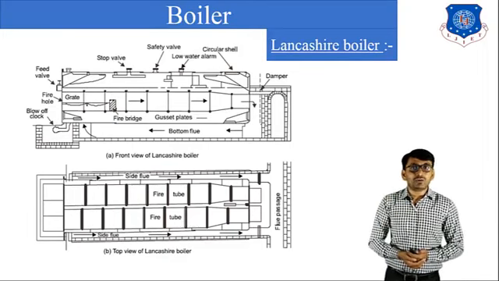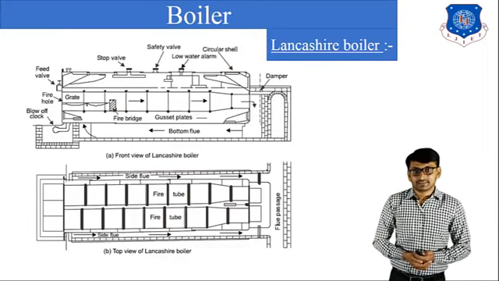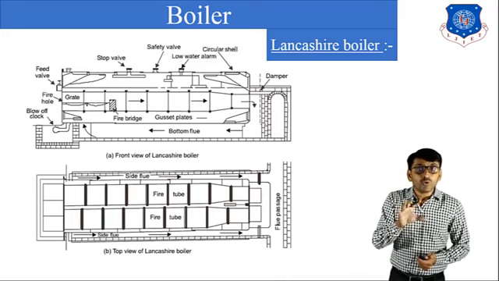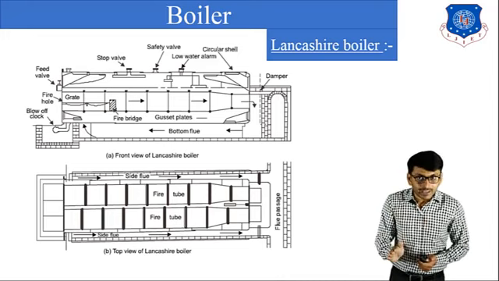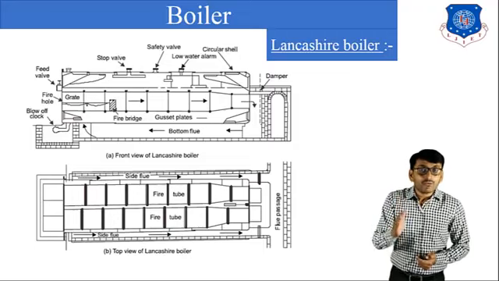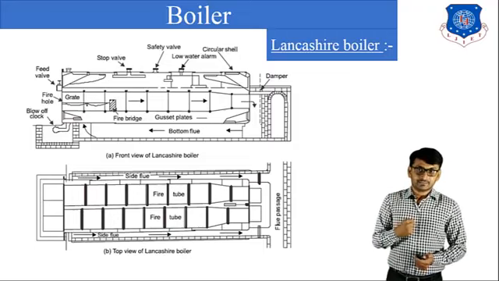So this is about boiler mountings. The pressure gauge, water level indicator, safety valve, steam stop valve, feed check valve and blow off cock are all boiler mountings which are fitted with the boiler for boiler safety.